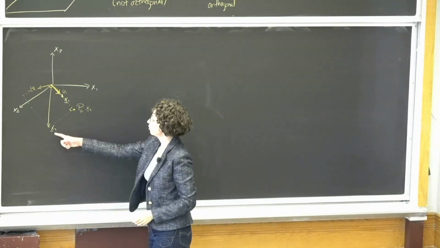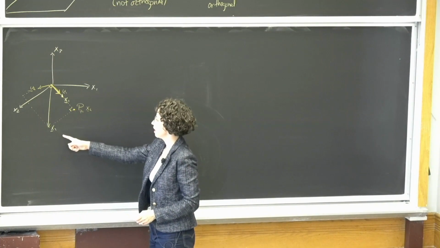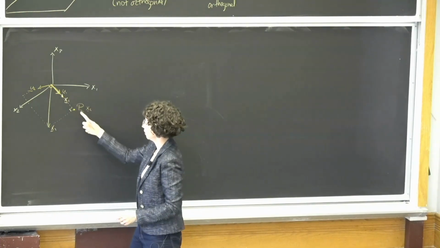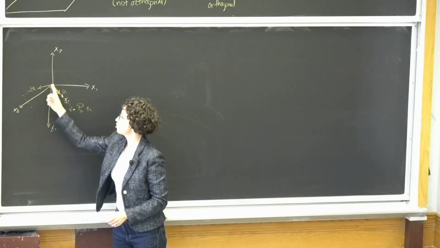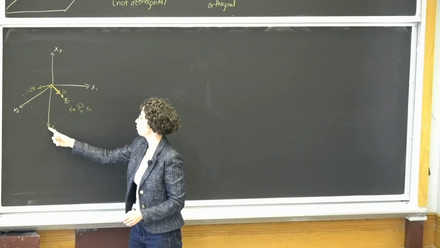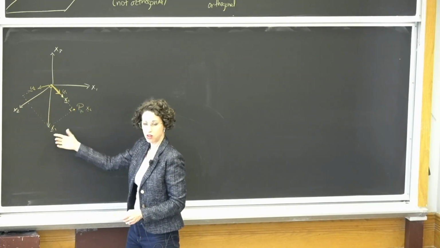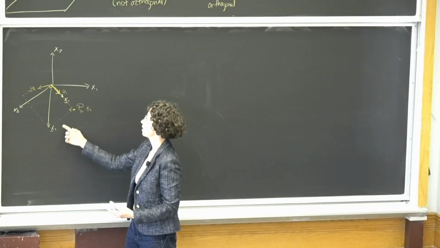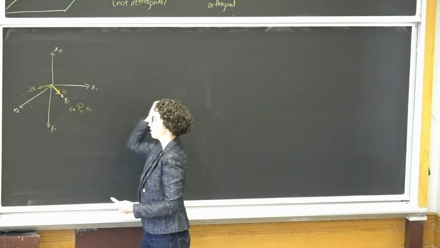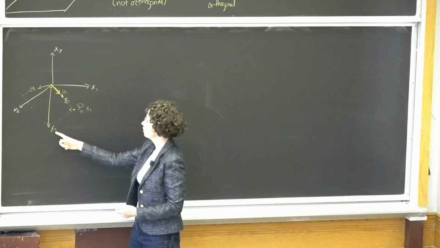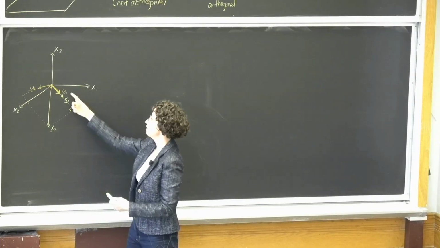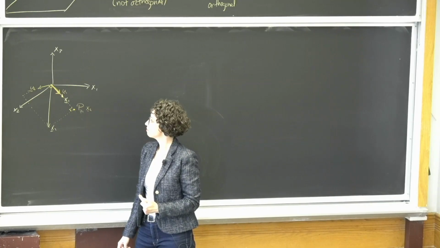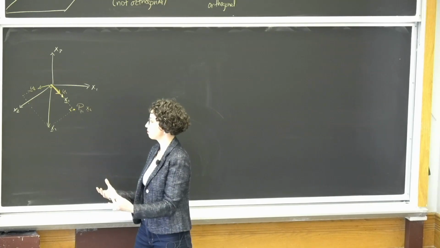So for this point x2 now, we can write it as a weighted sum of U1 and U2, and the weights are basically telling us how far out we're stretching these basis vectors so that we can represent x2 in this new coordinate system. So instead of representing x2 in terms of its x1, x2, x3 coordinates, we can represent x2 as a weighted sum of these basis vectors. So it's giving us a new way of representing x2.